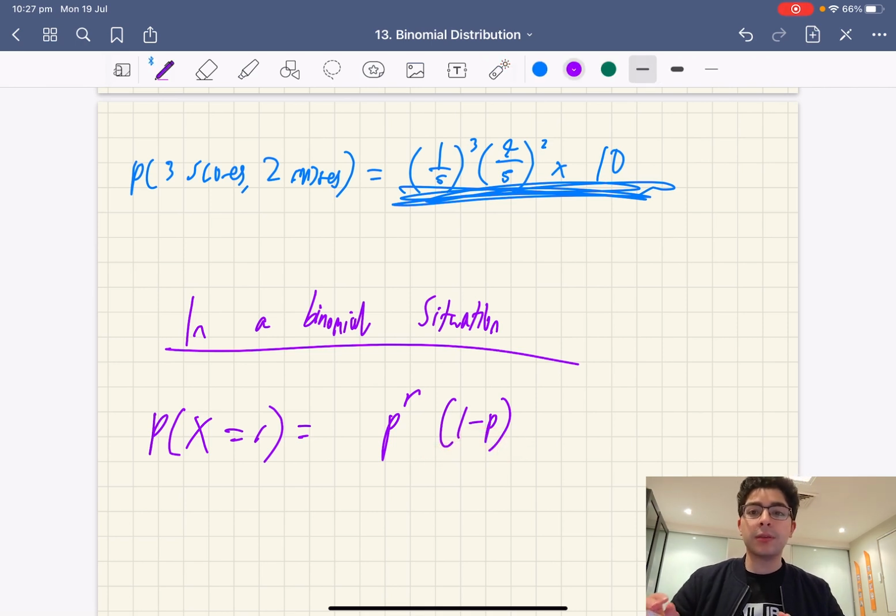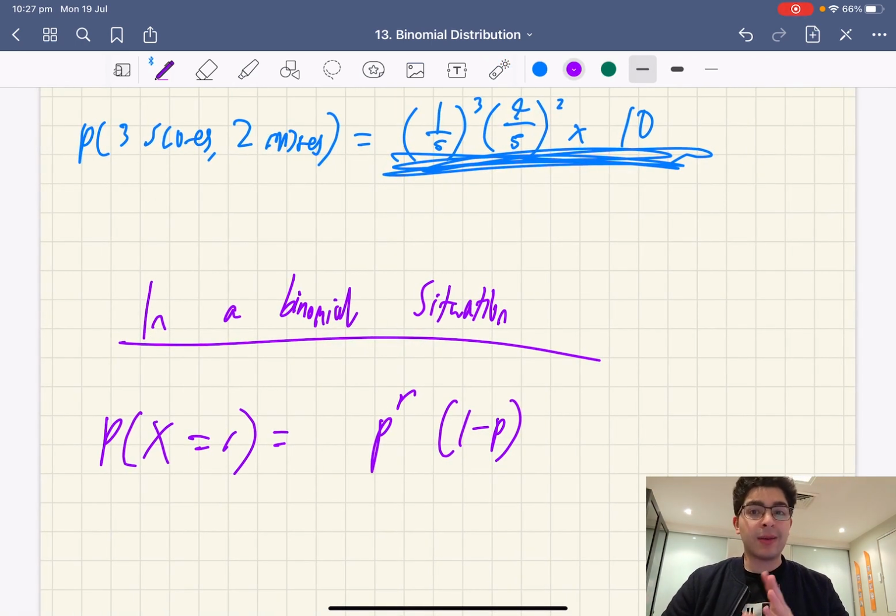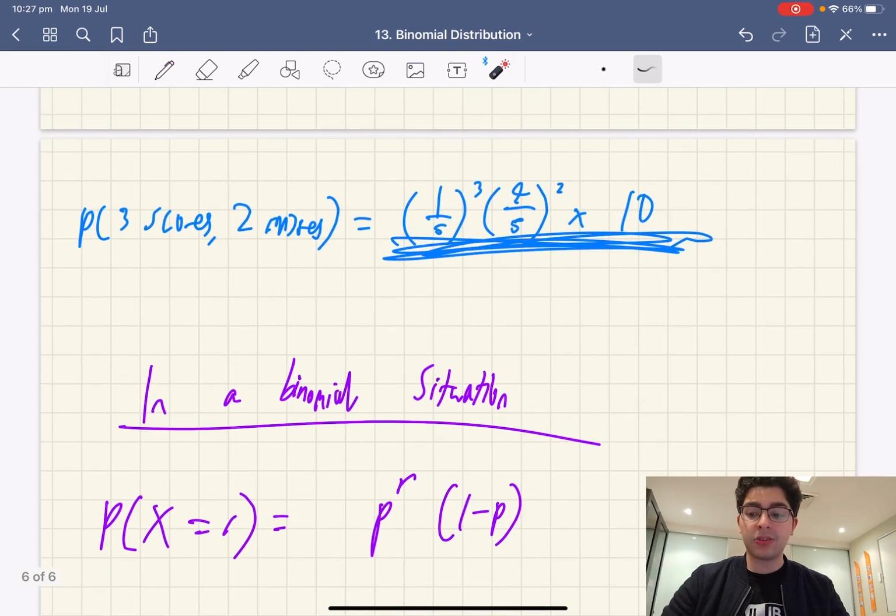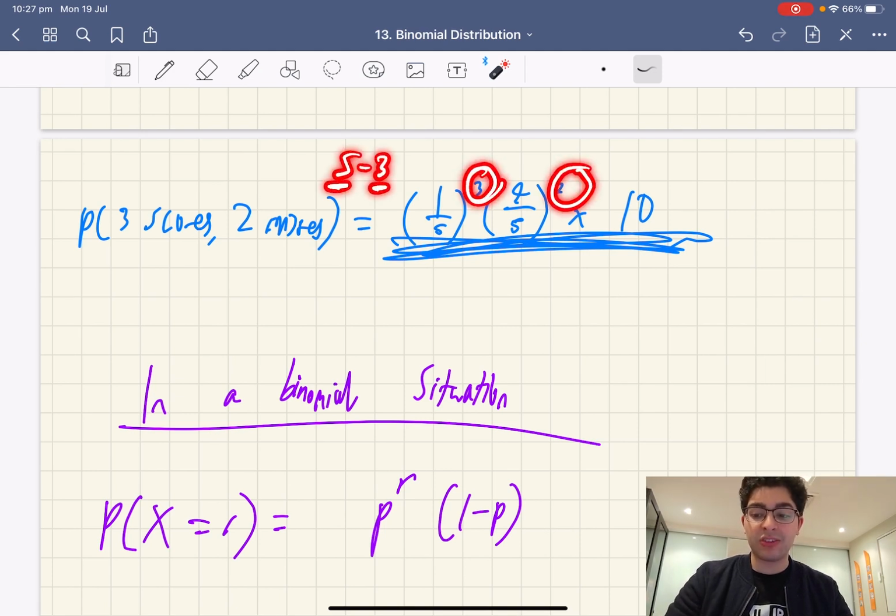And that's going to be to the power of the remaining attempts that are left. If I've scored 3, I only have 2 attempts left, and I have to fail those. We worked out 2 because overall there are 5 attempts, so 5 minus 3 is 2. So the total number of attempts minus the total successes we need.